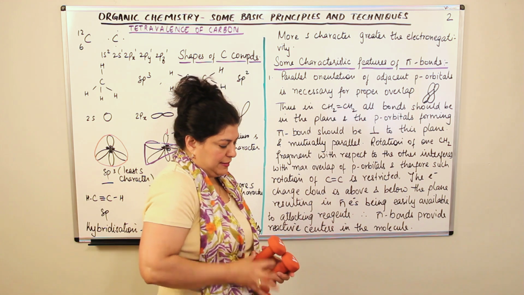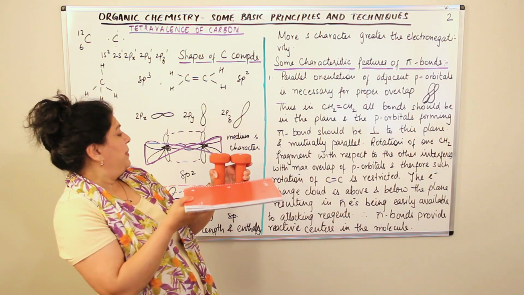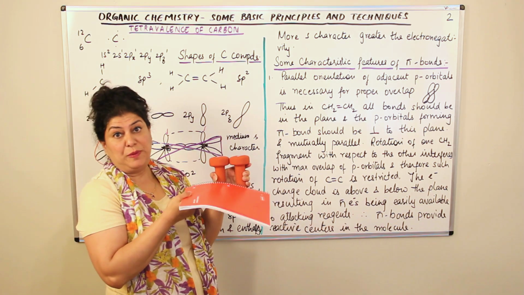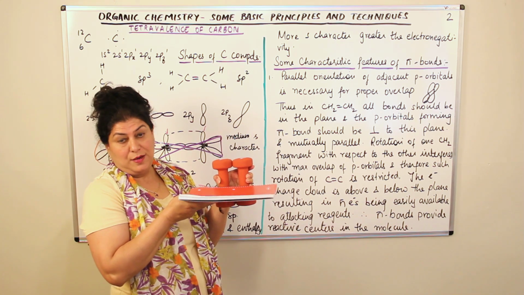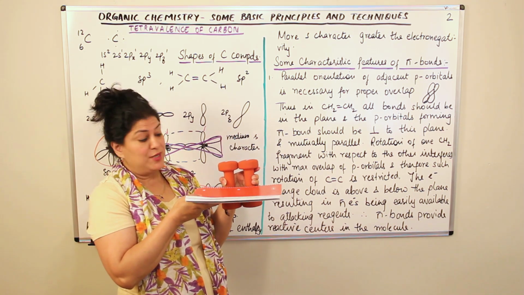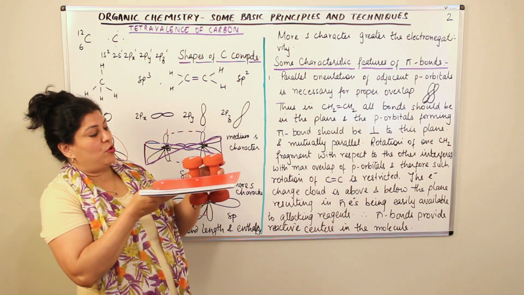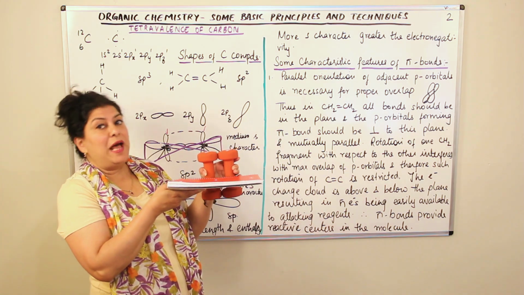If I hold it like this with one hand, maybe, yeah. Now the two dumbbells which are perpendicular to the plane made by sp2 hybridized orbitals, the unhybridized orbitals, they fall perpendicular to it and they overlap sideways.